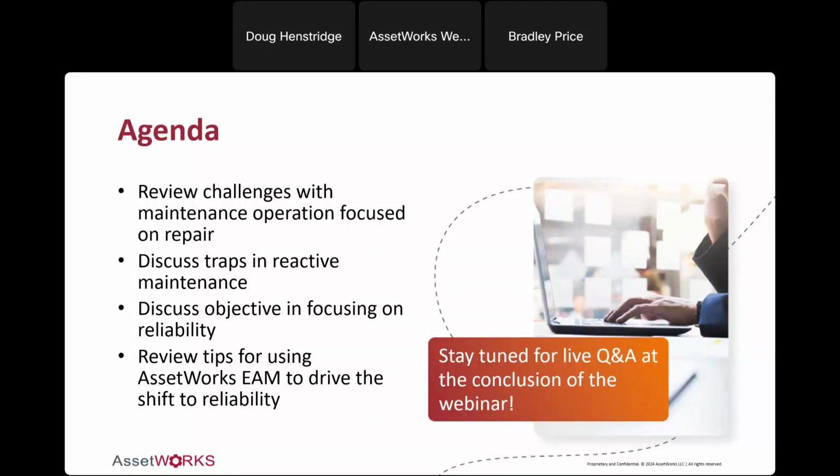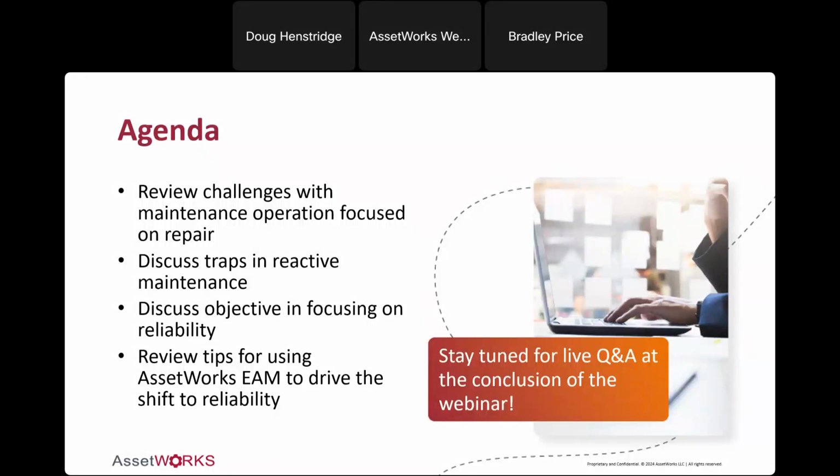Today, we're going to look at four main points. The first is the challenges our customers currently have in maintenance operations. These are things we've observed working with our customers or have gotten feedback on, with their use of the tool and running their maintenance operations.